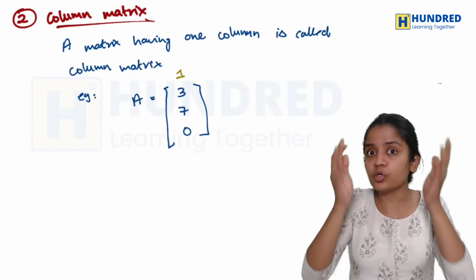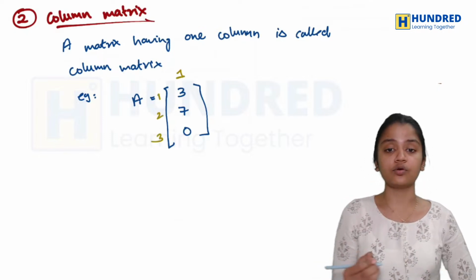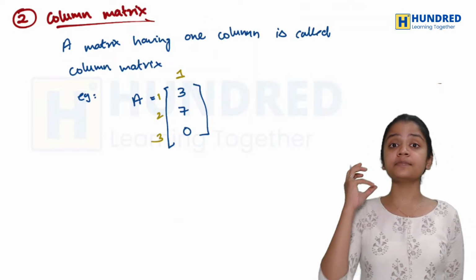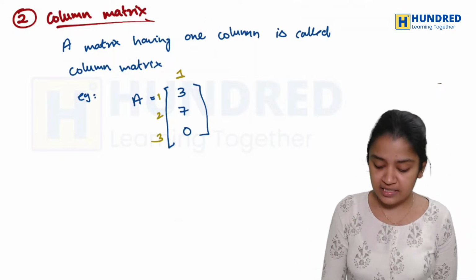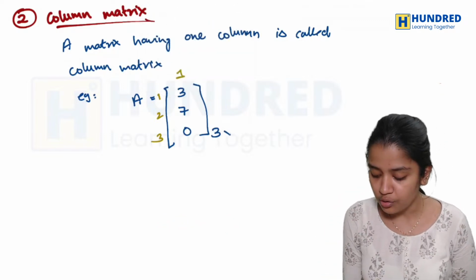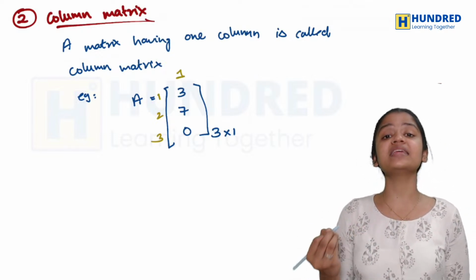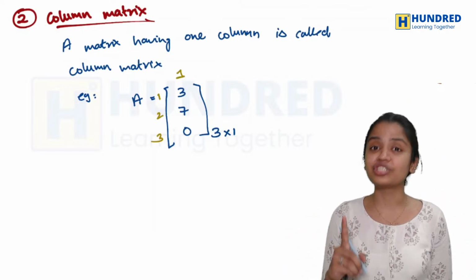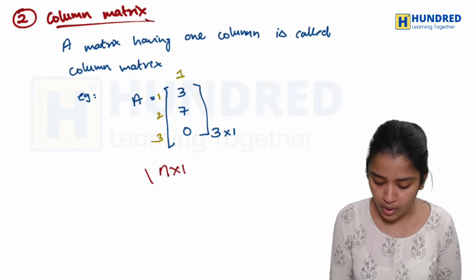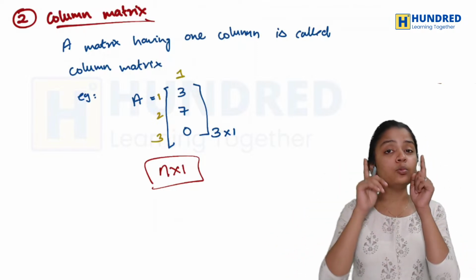Here you have 3 rows and 1 column, so it is a column matrix. You can have as many rows as you want but only 1 column, so the order will be n cross 1.